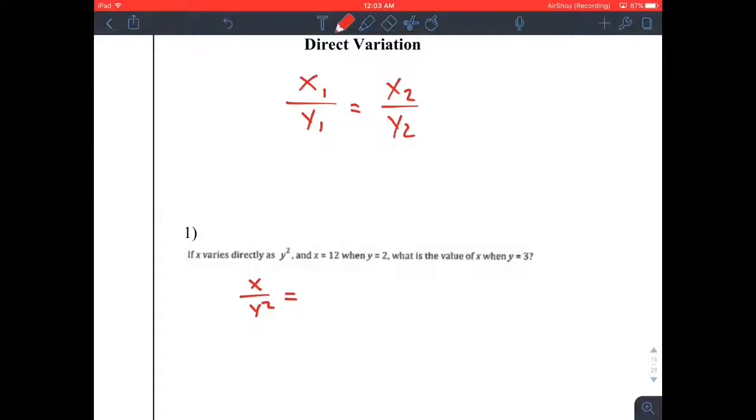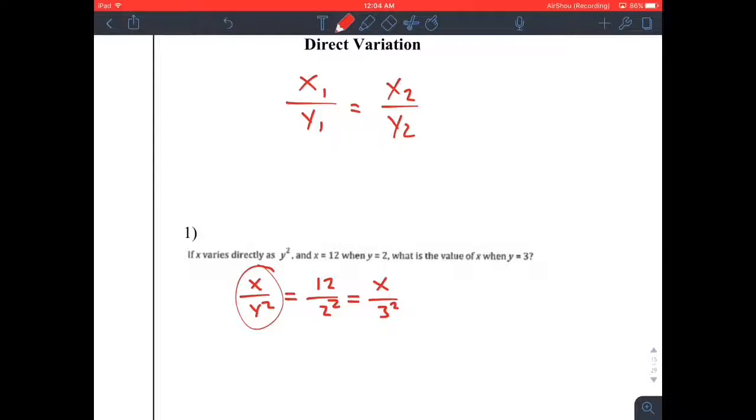So that's going to be 12 over 2. What is the value of x when y is 3? So we want to know what x is when y is 3, and the relationship is supposed to be squared. So it's 3 squared. And I don't have my 2 squared here.